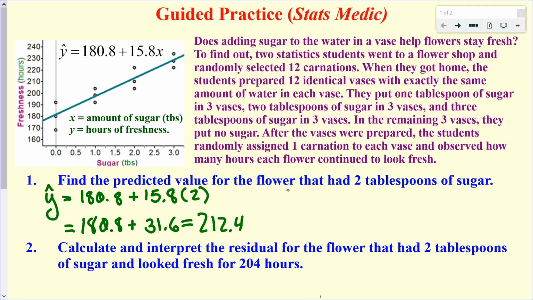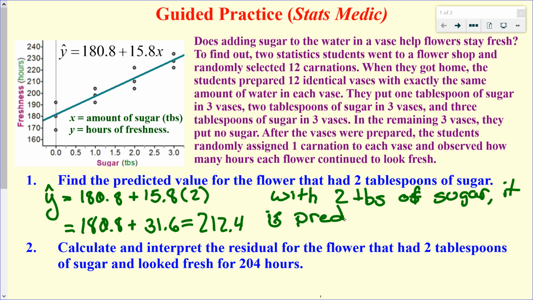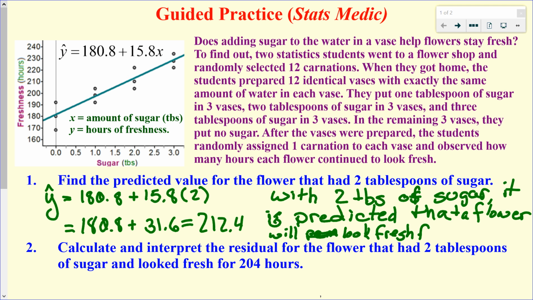212.4. So with 2 tablespoons of sugar, it is predicted that a flower will look fresh for 212.4 hours.